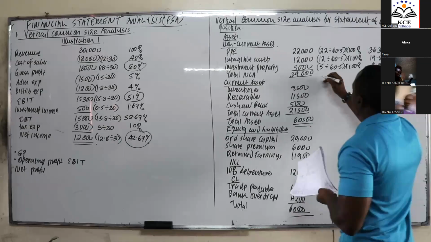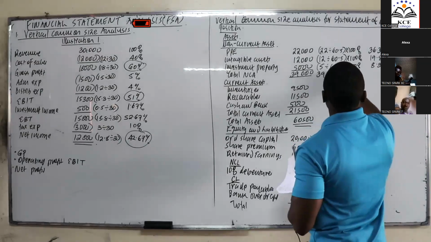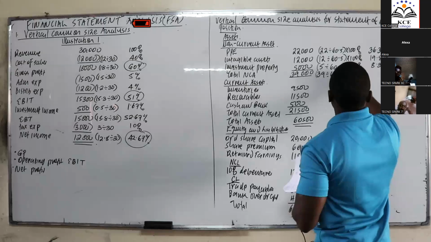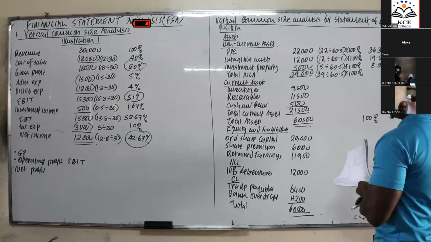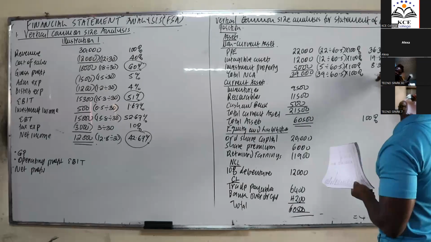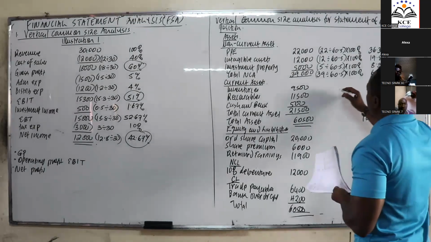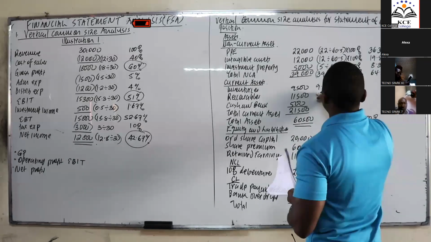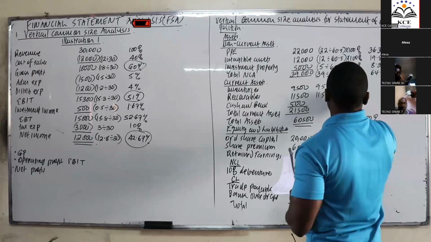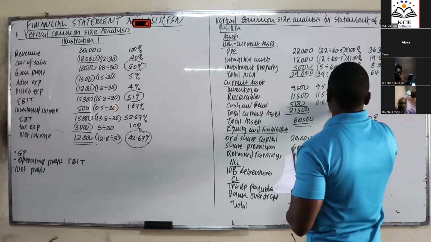Then here you take 39 divided by 60.5, then you multiply by 100. That is 64.5%. Then you take 9.5, 6.5, 11.5. Here we have 0.5.